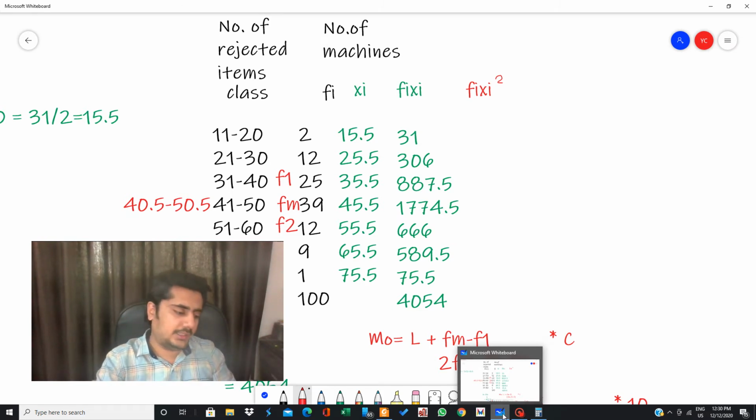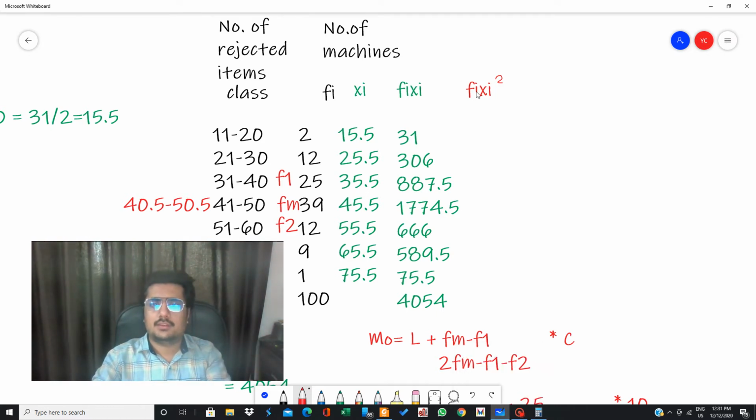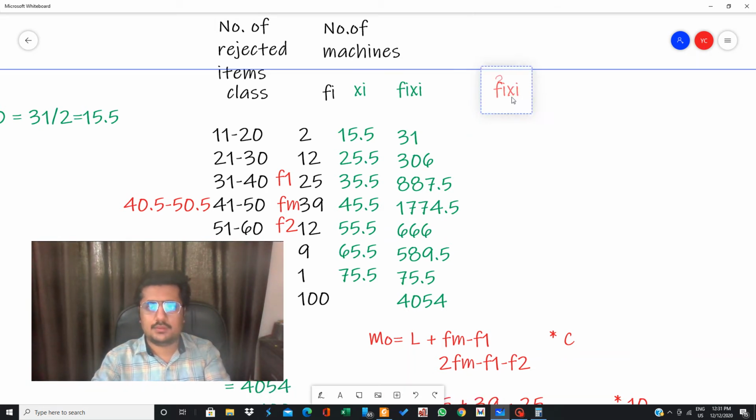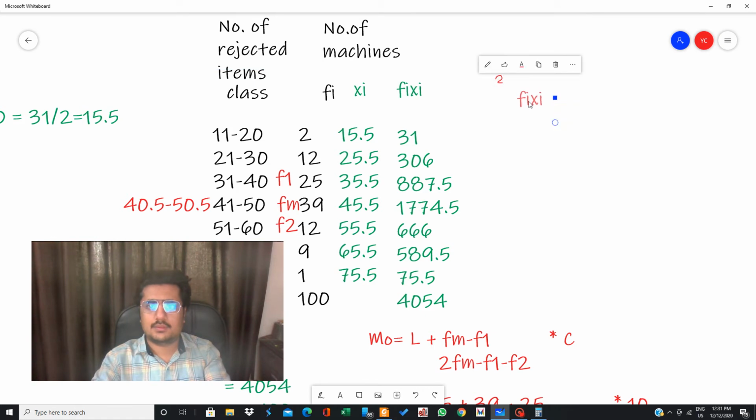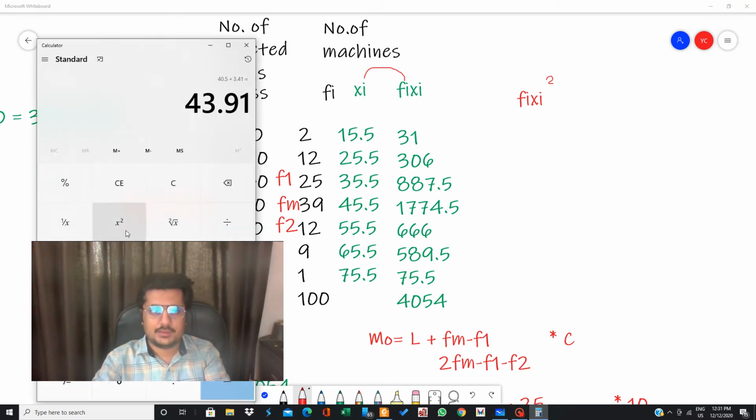I taught you many times that FiXi square is Fi into Xi into Xi. It is the multiplication of all these things. So it's 15.5 into 31, 280.5.